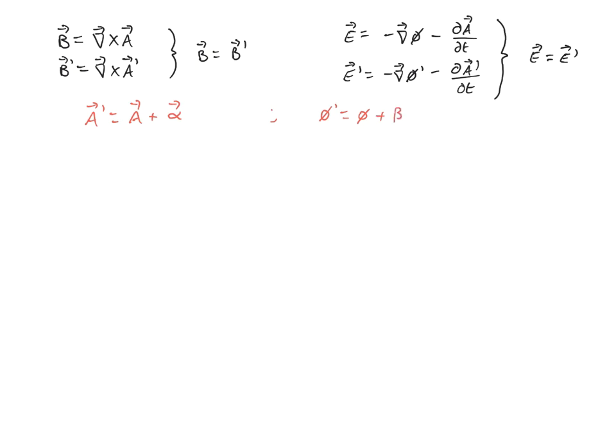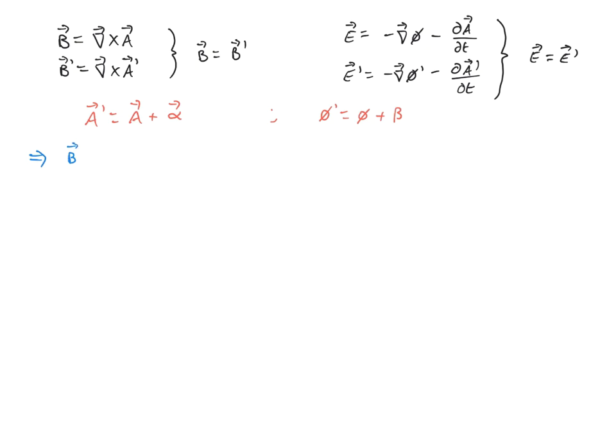Remember, alpha and beta here are fields. And so we just want to substitute in these expressions for A primed and phi primed into our expressions for the magnetic field B primed and the electric field E primed. So how does that look?